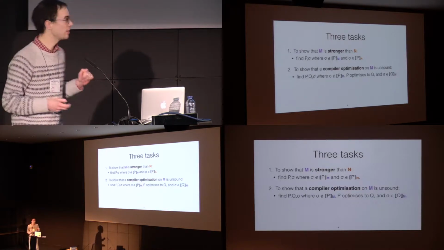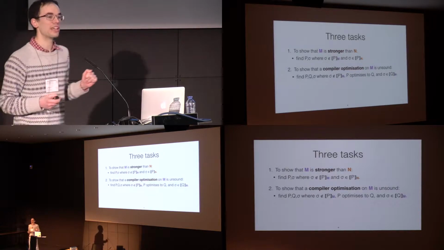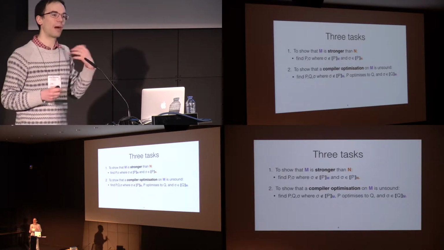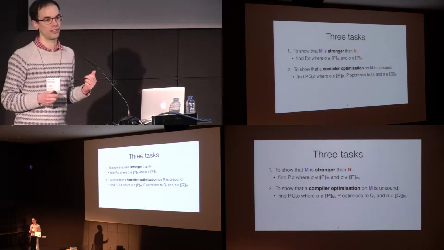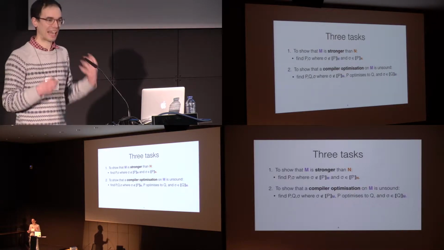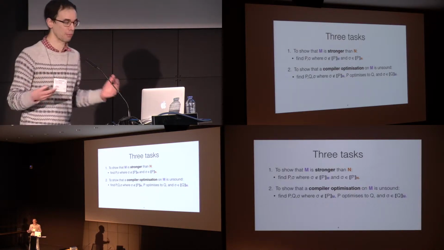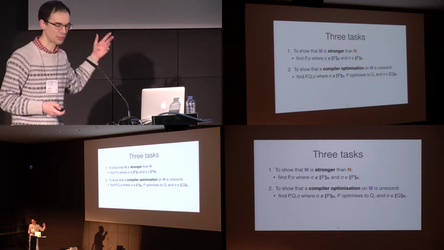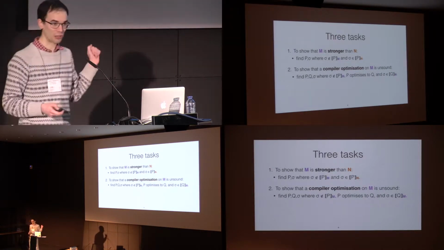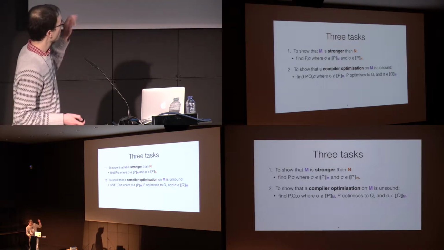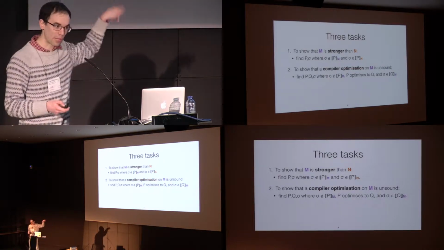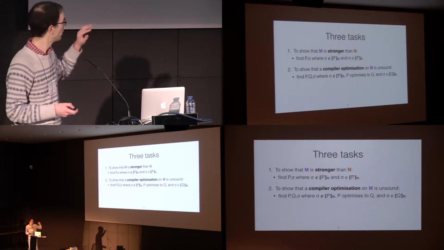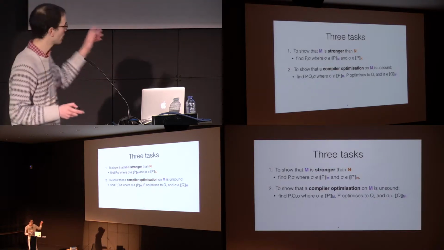The second thing you can do is show that a compiler optimization is unsound for a language that has a memory model, say, M. The way to do this is you find a program P and another program Q and a final state sigma, such that if you run program P under memory model M, then you can't reach final state sigma.